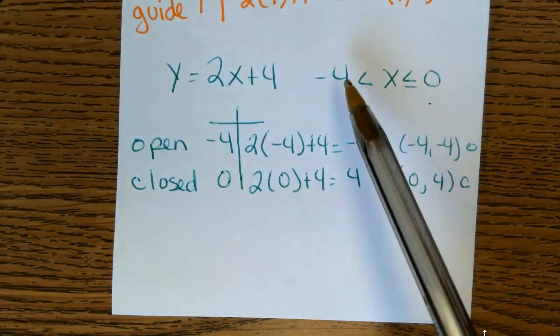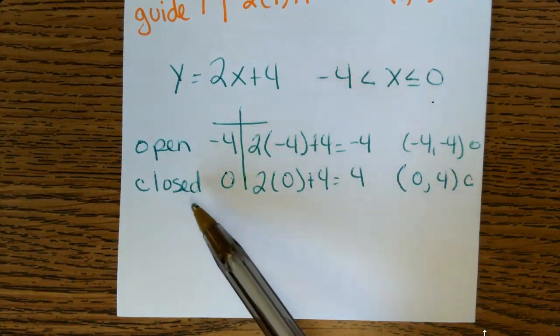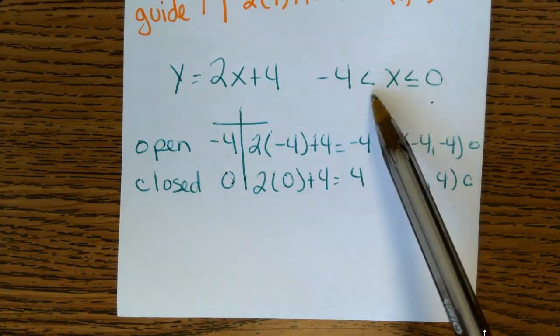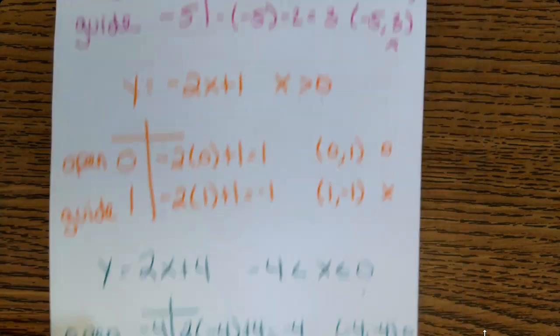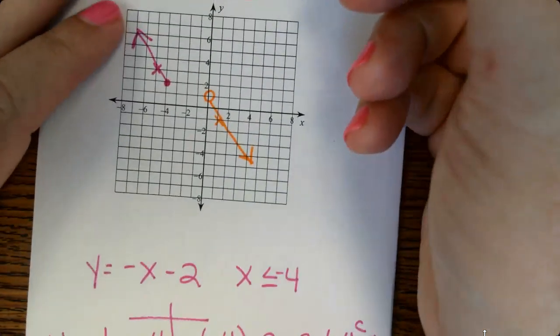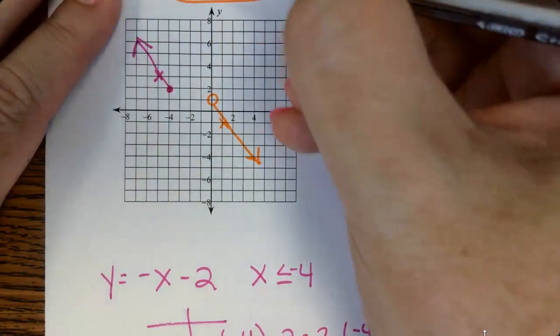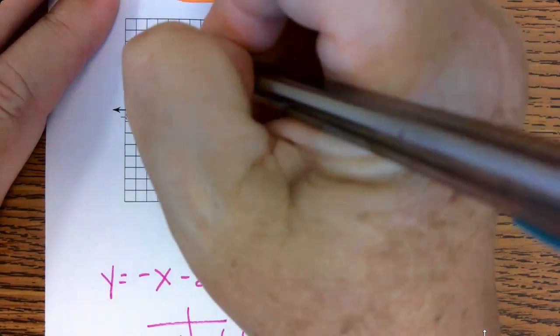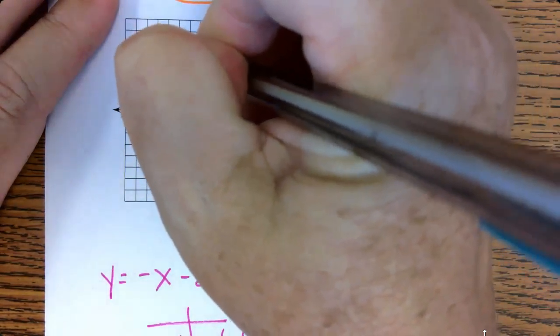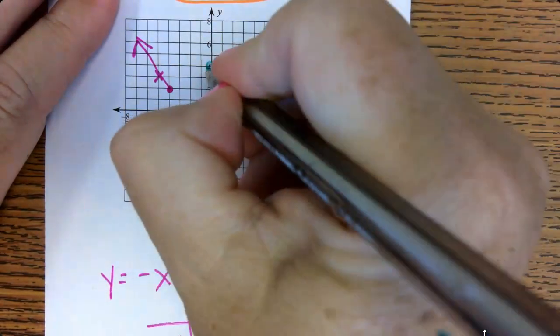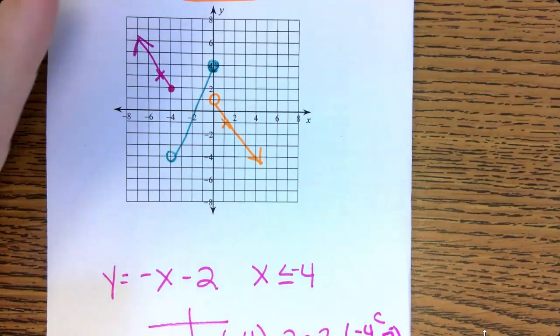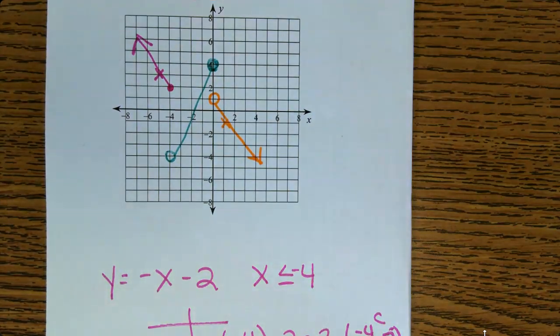Because they gave us these two numbers, I don't need a guide. The numbers are provided. So here we go. We're going to graph these. Negative 4, negative 4 open, and 0, 4 closed. And we get this graph.